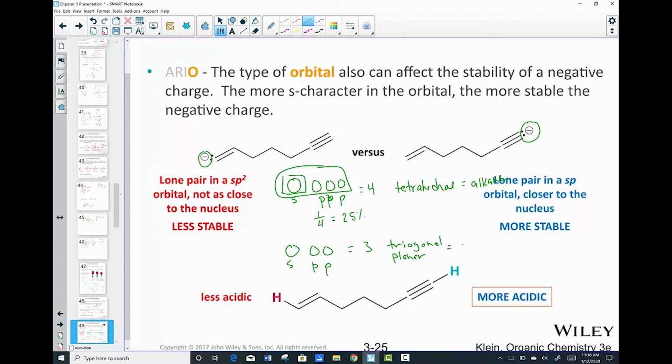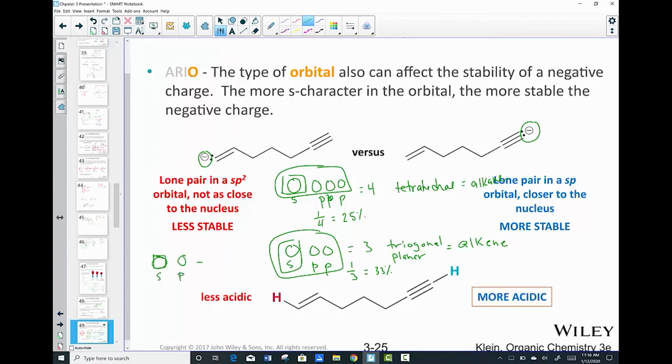This would represent the alkene family, which is a double bond. There is 1 out of 3, 1 s out of 3 total orbitals. 1/3 is 33% exhibiting s character. And of course, the alkyne is simply an sp orbital, right?